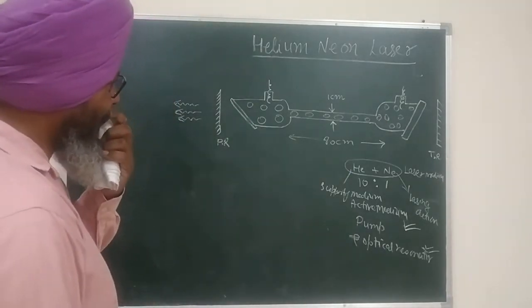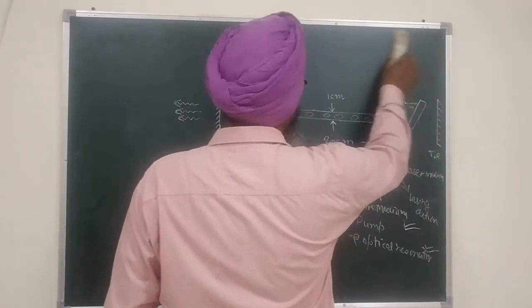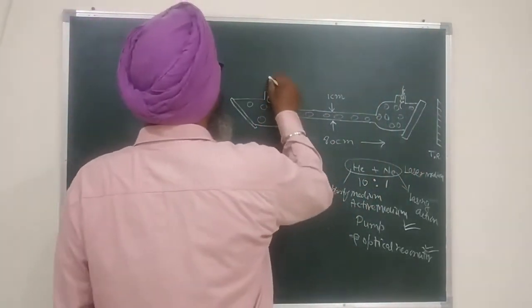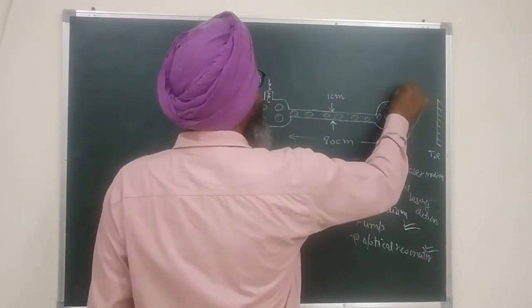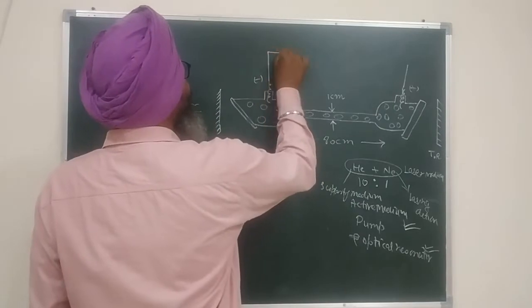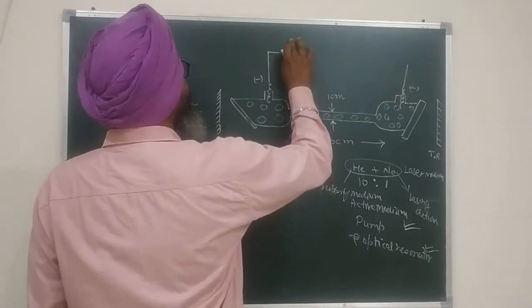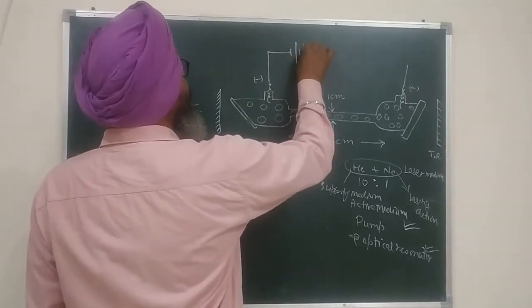Next is the pump. Now if I erase this upper space, let us say one of the electrodes is negatively charged and the other is positively charged. Between these two electrodes we will apply a battery. Let me take the negative terminal to the left side.